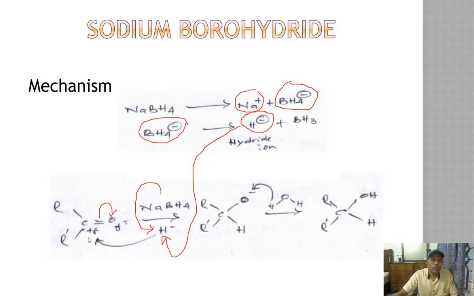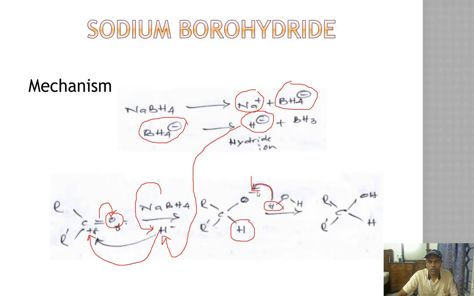So what is going to happen here? The hydride ion is going to attack the partially positively charged carbon, and you are going to get this hydrogen bond. Now, because the oxygen is partially negatively charged, the hydrogen of water, since we have water in the reaction, is going to attack the oxygen.